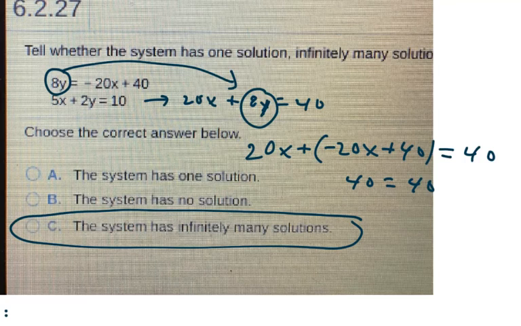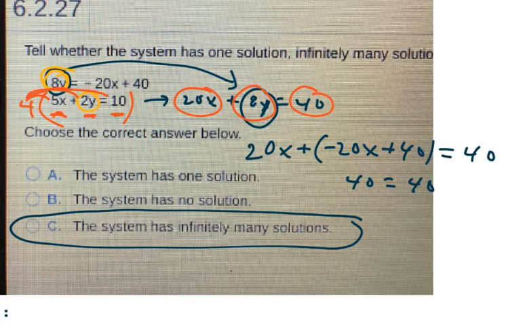Okay, now this one I want to show you a neat trick. I don't know if your teacher will let you get away with it, but since that right there is an 8y, 2y times 4 is 8y, right? So what I did was I times everything in the second equation by 4. Okay? So 4 times 5, 20. 4 times 2, 8. 4 times 10, 40.